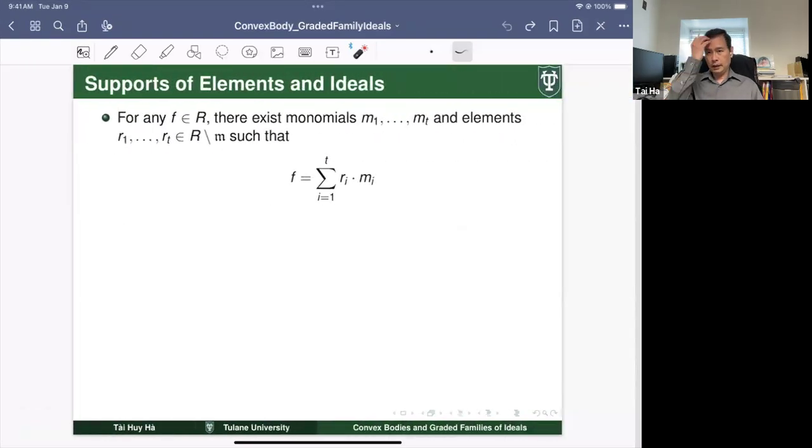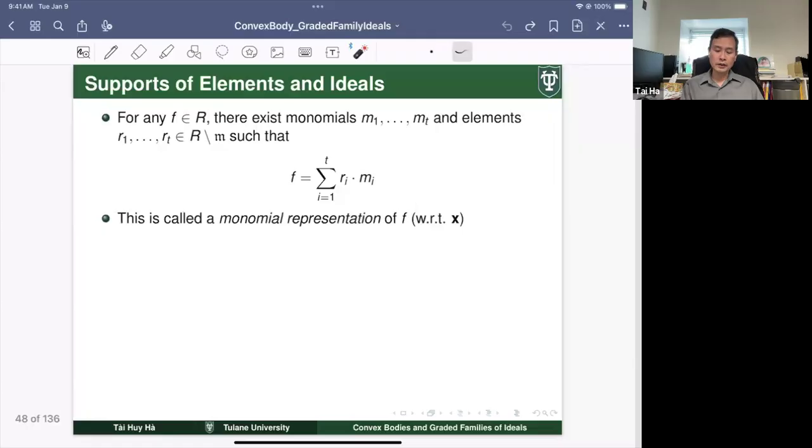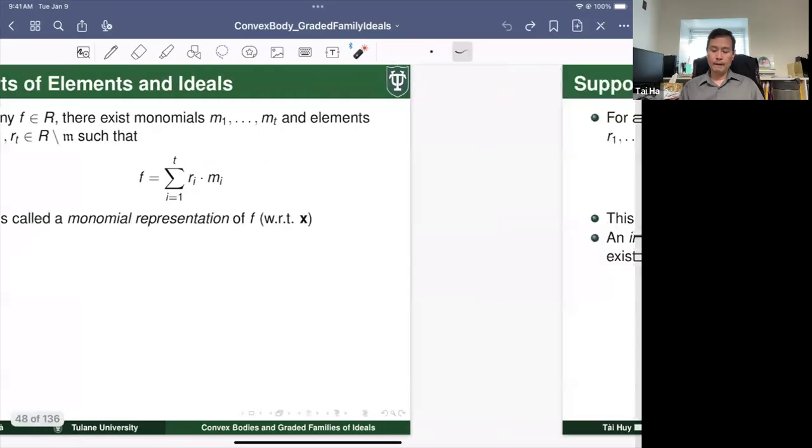So what about non-monomial ideals? Again, if you start with any element inside our ring, then we can represent this element as a combination of monomials whose coefficients are not inside the maximal ideal. And this representation, or the collection of monomials appearing in this representation, is uniquely determined if we only consider irredundant representations.